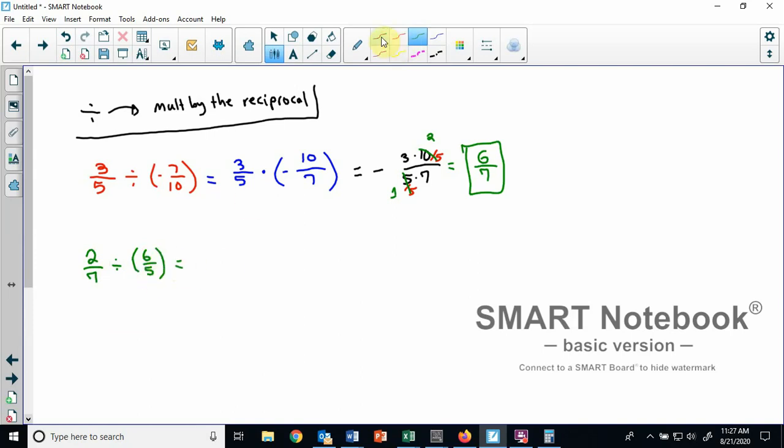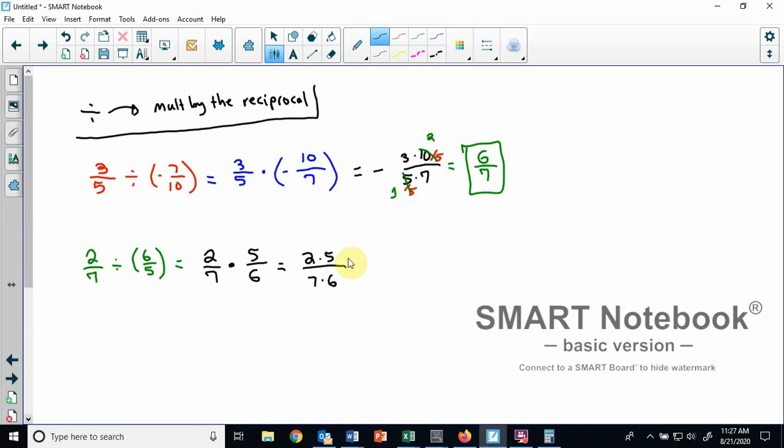Well, what I'm allowed to do is take the 2/7 and say, oh, dividing is just multiplying by the reciprocal. What's the reciprocal of 6 over 5? 5 over 6. If you don't understand or remember what a reciprocal is, go back and look at lesson 1. Okay? And so then let's see, 2 times 5 up top, 7 times 6 on the bottom.